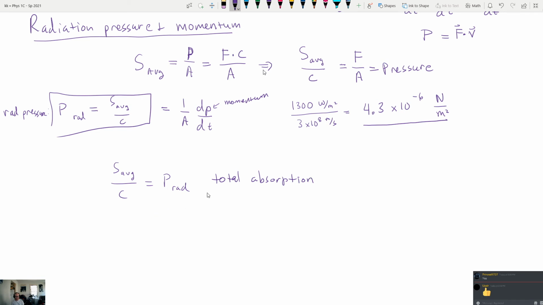But when you have a reflective surface, so you have light that comes in like this and bounces off like this, it's actually going to contribute double the pressure because the light beam is still traveling. With total absorption, you absorb everything, okay? So when you have this, you're going to say that 2 times S average over c is going to be equal to the radiation pressure. So this is going to be for total reflection.